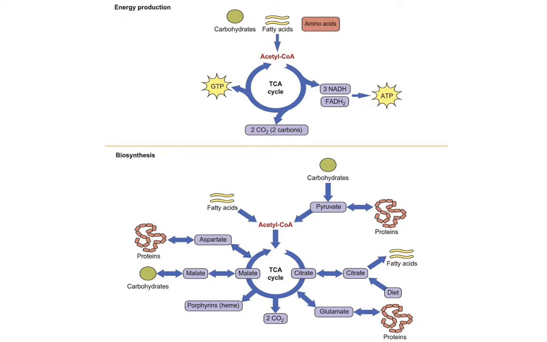And these are shown here. You can see different amino acids from proteins feed in at different places. Aspartate on the left, some into pyruvate over here on the top right, some into glutamate at the bottom right. Again, fatty acids not only feed in through acetyl-CoA, but also through citrate.